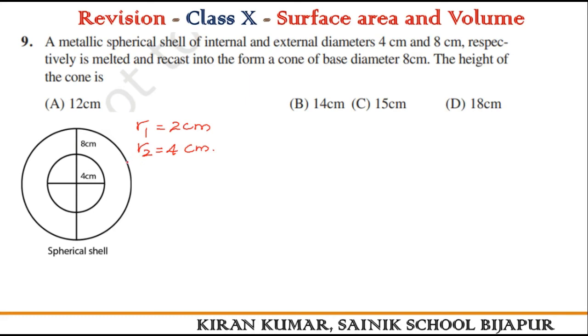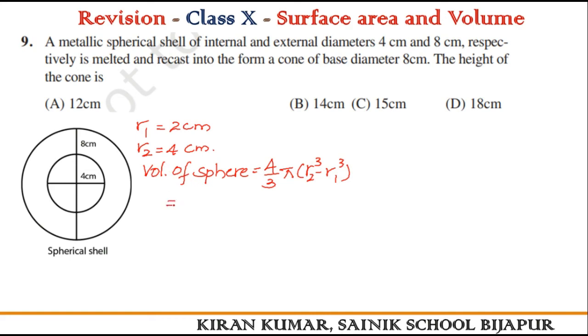The volume of a spherical shell is given by the formula 4 by 3 pi times (R2 cubed minus R1 cubed), where R2 is the external radius and R1 is the internal radius.